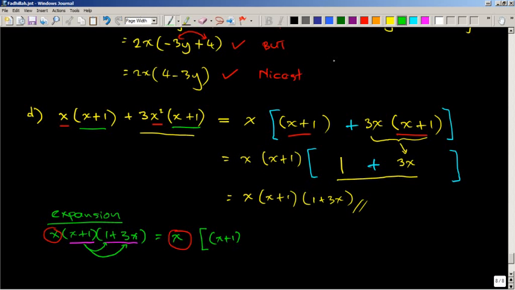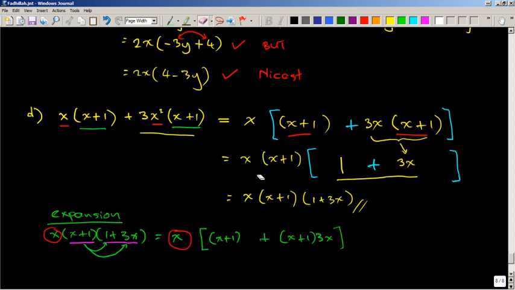Okay, now x plus 1 you darab dengan x. Kemudian you campur x plus 1 dengan 3x. Boleh tak? Ini expansion ni. Boleh tak? Eh, sorry.